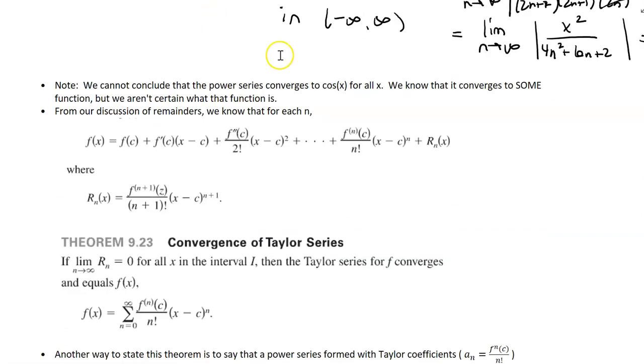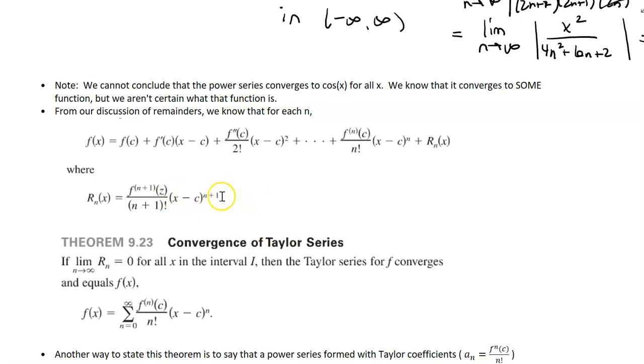And from our discussion of remainders, we know that for each n, you end up with that r sub n of x at the end, which is the remainder after the nth term. And we know that that gives you kind of an approximation, and that would be the n plus first derivative at some z over n plus 1 factorial, where x minus c is to the n plus first power.